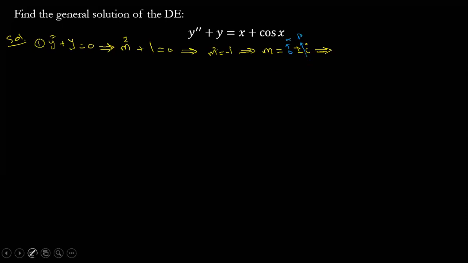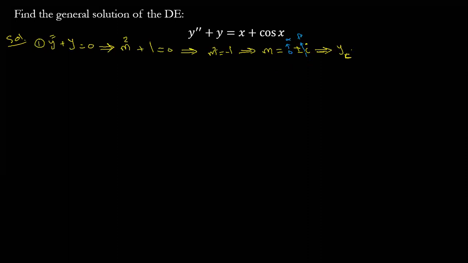Do you remember the solution? You have to write it and add it to your cheat sheet, which you can use during the lecture and in the exam. If m is a complex number, the solution will be, do you remember?